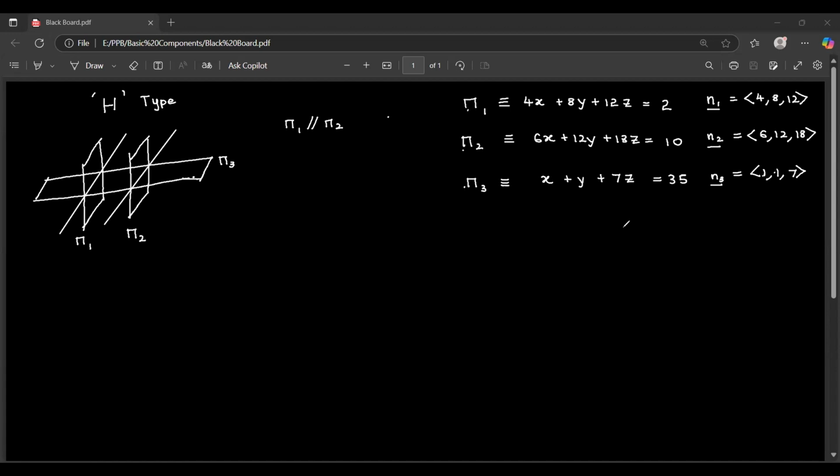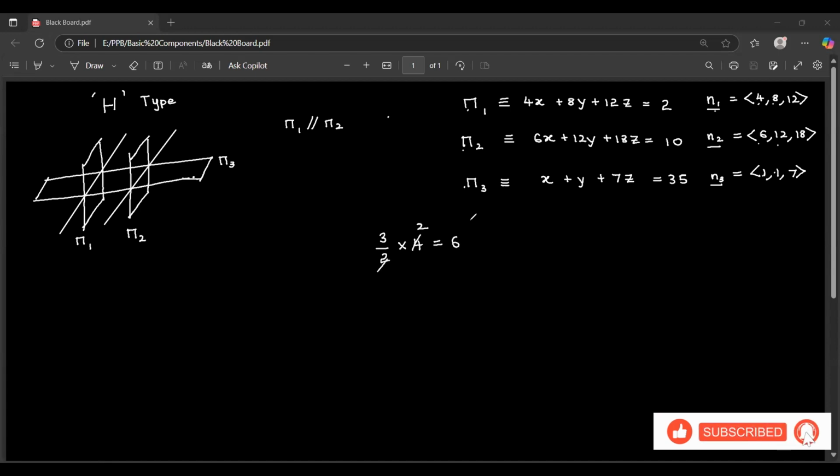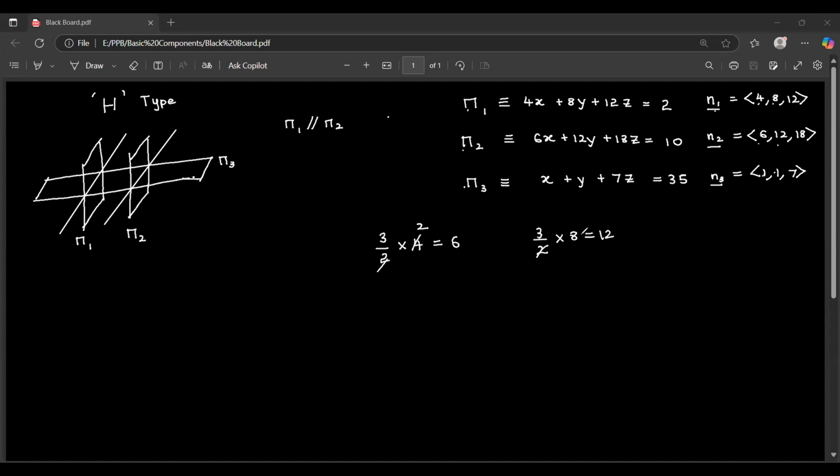So let's check N1 and N2. Here you can see if you multiply N1 by 3 over 2, you get N2. 3 by 2 into 4 is equal to 6, 3 by 2 into 8 is also equal to 12, and similarly 12 into 3 by 2 is equal to 18.